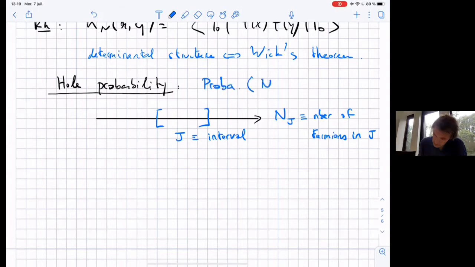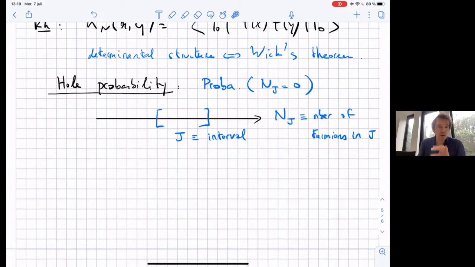And the hole probability is typically the probability that N_J is equal to 0. This is related, for instance, to the gap statistics that we have been studying. So what is the probability that I have no particles here? You can think of the hole probability as being related to the statistics of x_max. For instance, if you want x_max to be less than this value, that means you want no fermions on the right, on the whole real axis here.